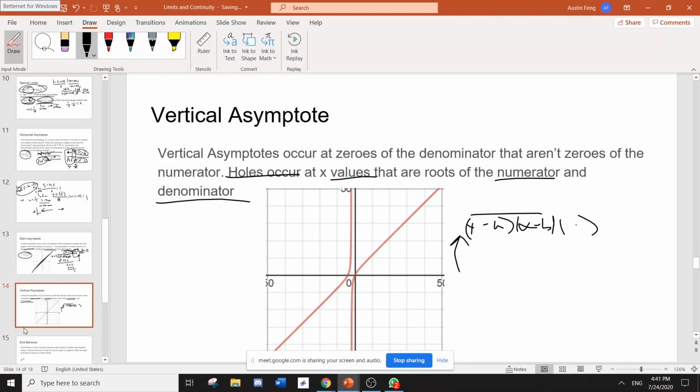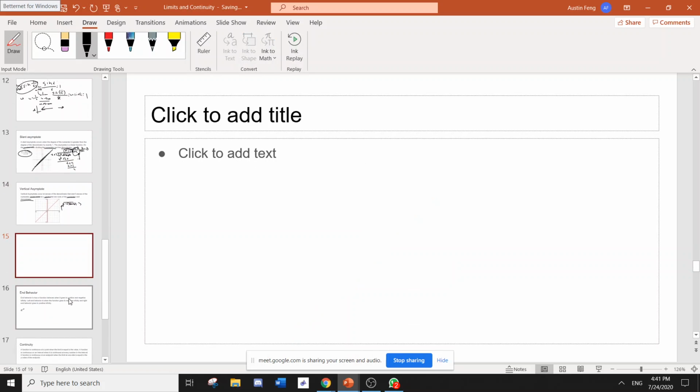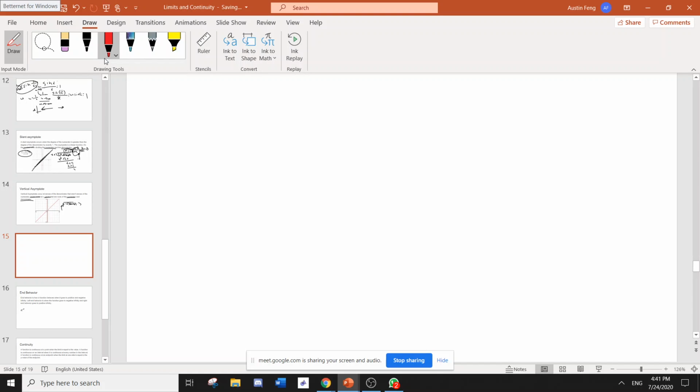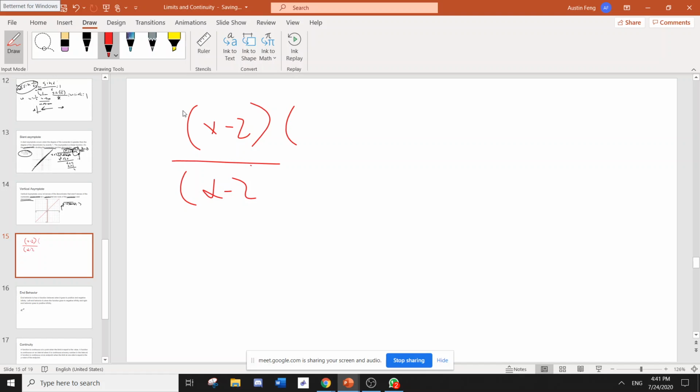So let's say, find the holes and the asymptotes of this fraction. I'm not going to do an actual polynomial. I'm just going to write it out in factored form. x minus 2. Okay, so we see here the possibilities are 2, 1, and negative 4, right?